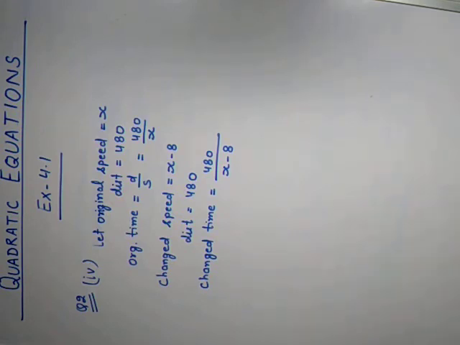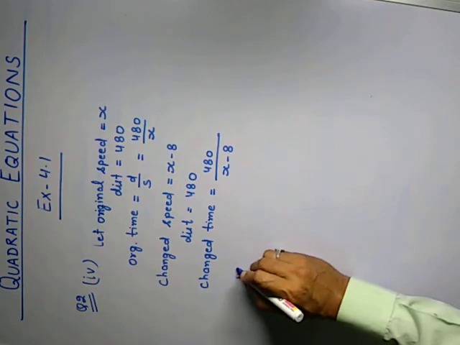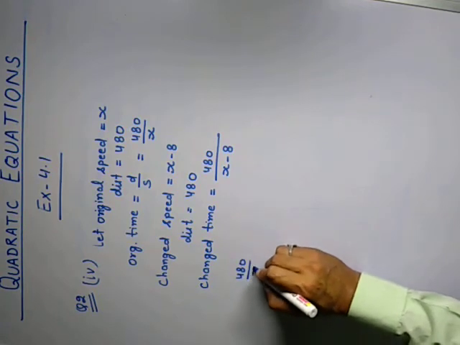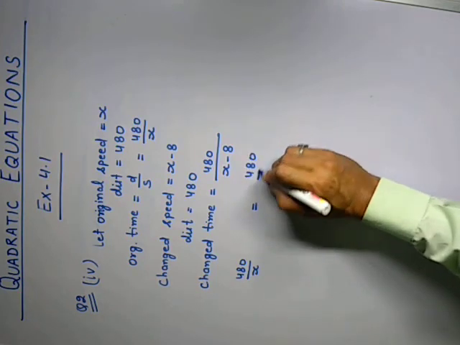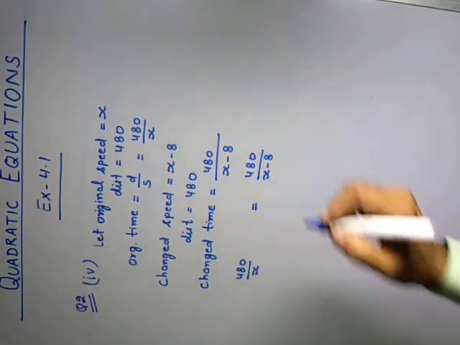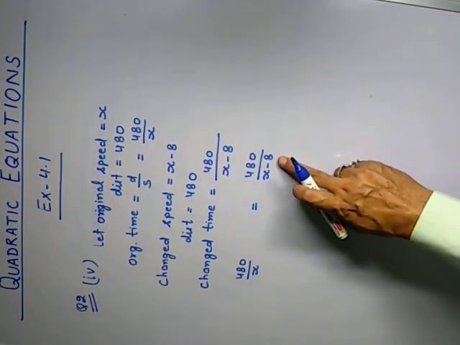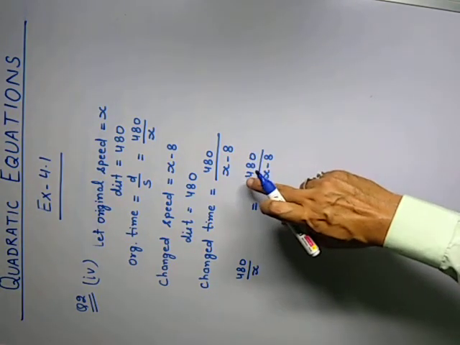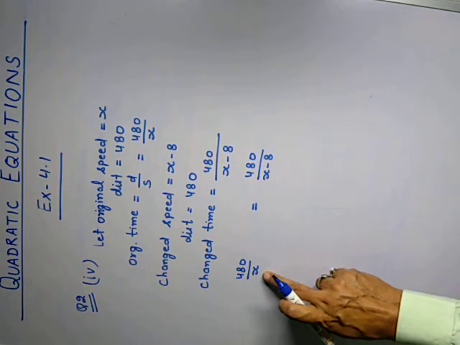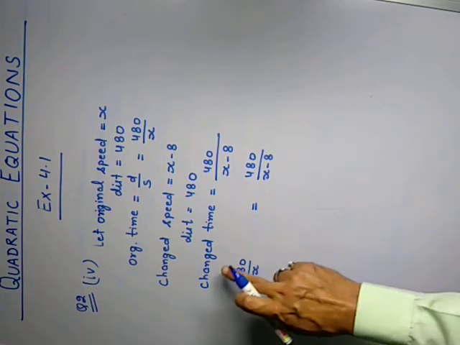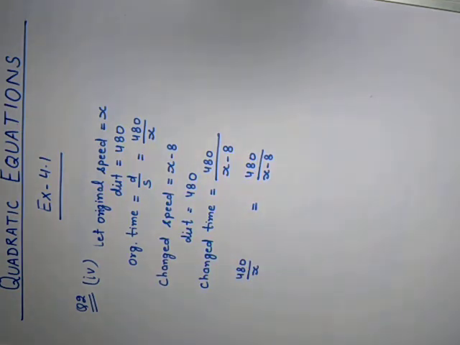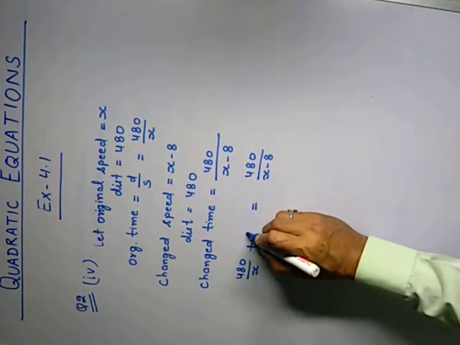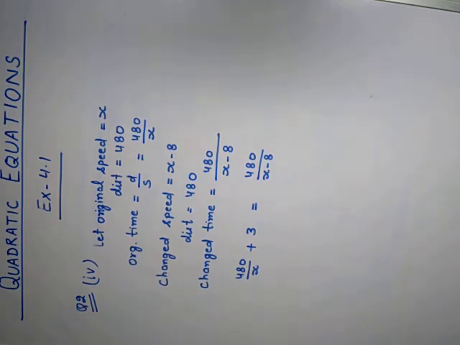So according to question we are getting two types of times. One is original time, another one is changed time when the speed is less. Now if the speed is less, then time will be greater. Here the speed is more, so it means time is less. Now this time is how much less? According to question, it is 3 hours less. So this is the equation.